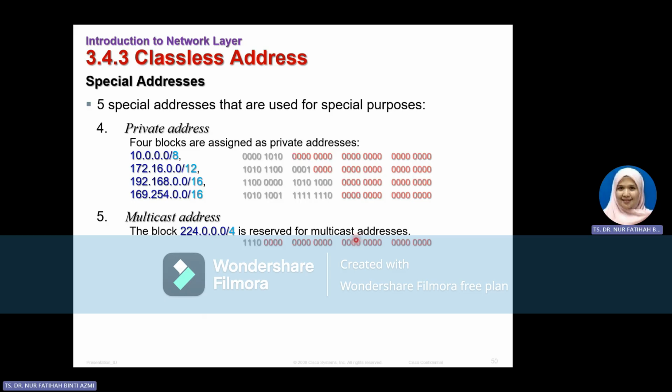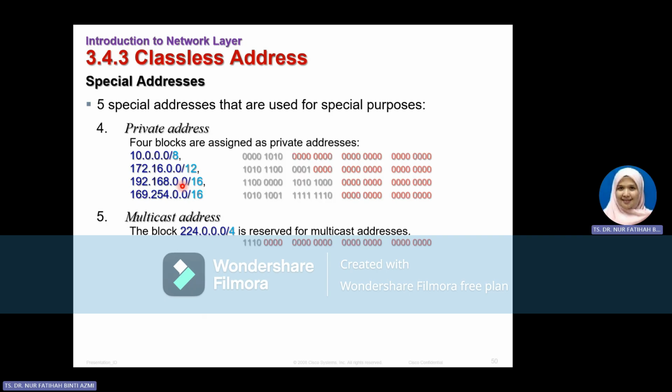Number four is the private addresses. These are blocks of IP addresses that are reserved for use within a private network, like your home network or a company's internal network.